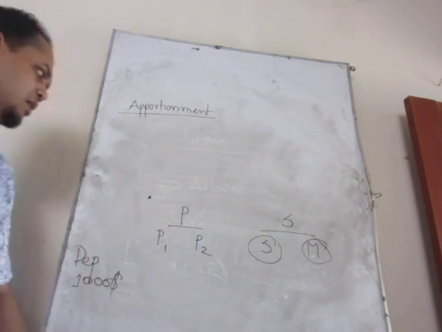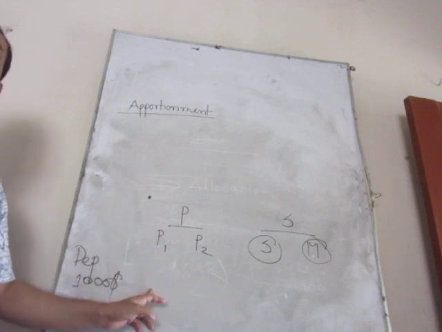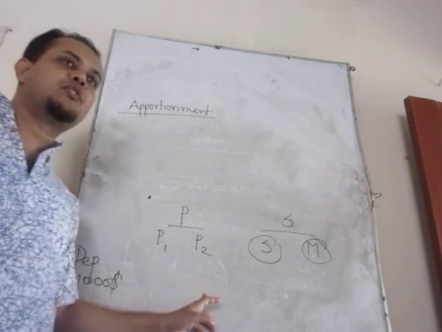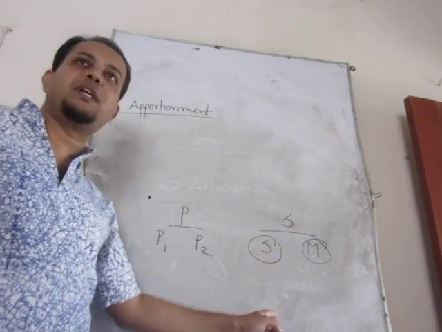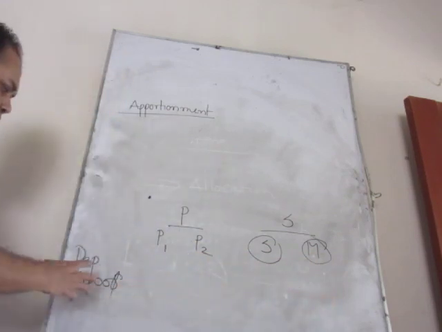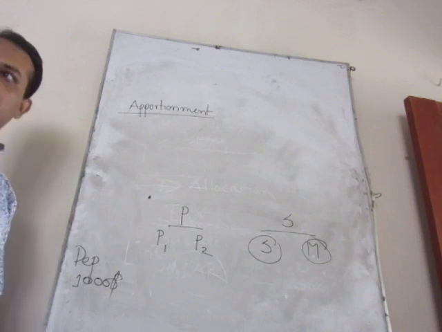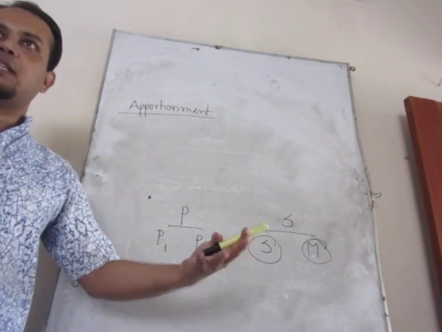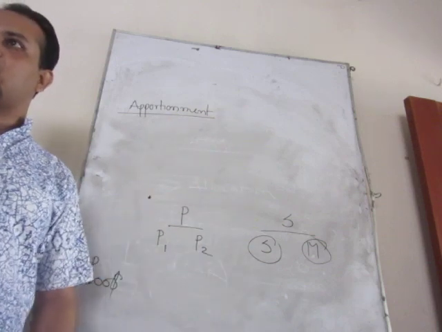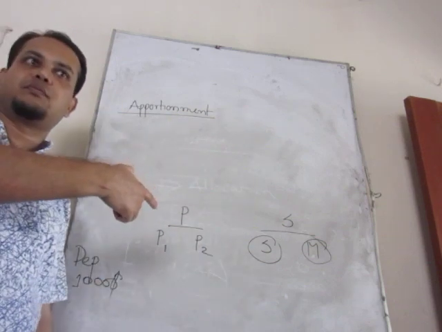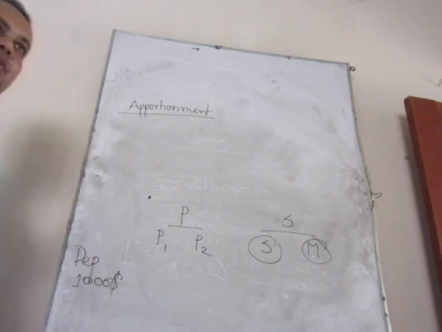As for example, floor area of this building is 100 square feet, this building is 200 square feet, these are 300 and 400. So we will distribute this 1,000 depreciation charge to the buildings depending upon the proportion of their floor area. The building which has a high floor area will be charged more depreciation. Clear? So we will go through different kinds of basis.